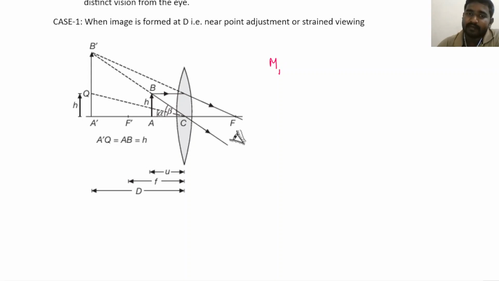when the final image is formed at the least distance of distinct vision. So in this case, I take magnifying power M equal to M_D, because the final image is formed at the least distance of distinct vision.